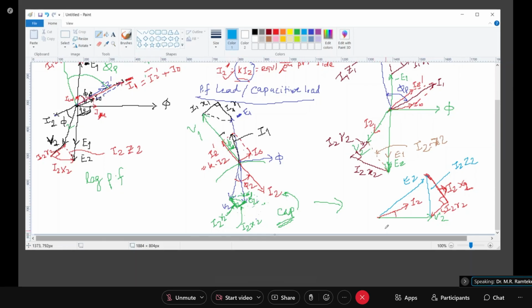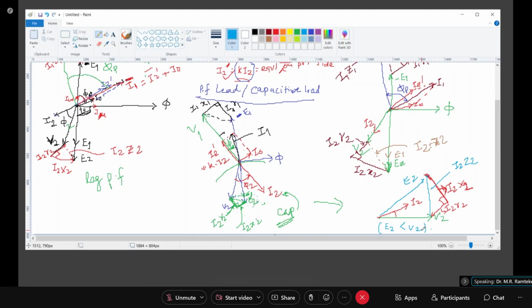So E2 may be less than V2, maybe, not always. Because practically, when a leading PF is there, normally you will have E2 less than V2. But that depends on the value of your power factor, or the phase angle, you can say.